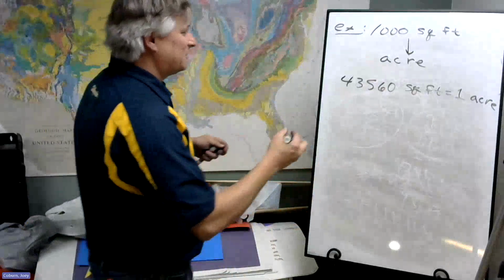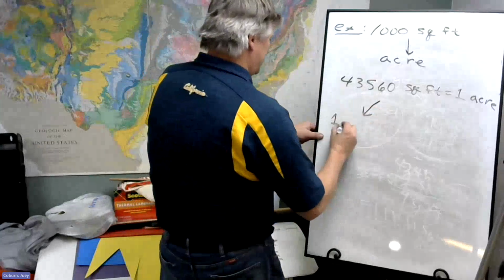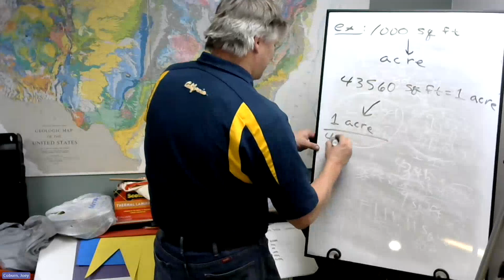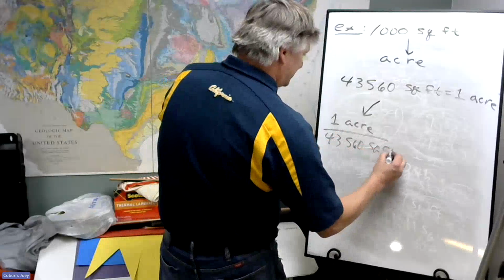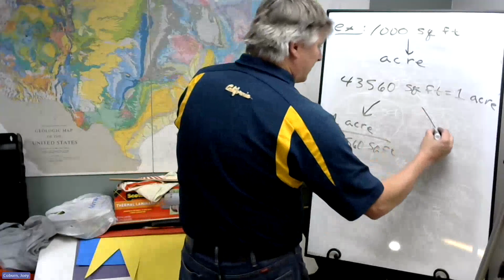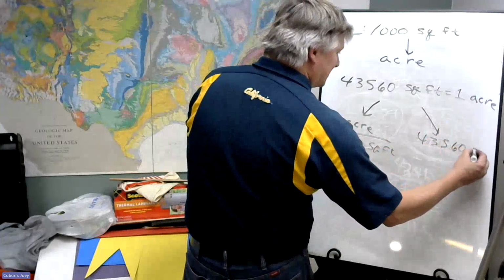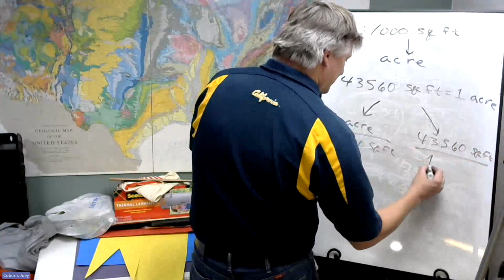Okay. So again, we're going to have a choice. We can go with 1 acre over 43,560 square feet, or 43,560 square feet divided by 1 acre.